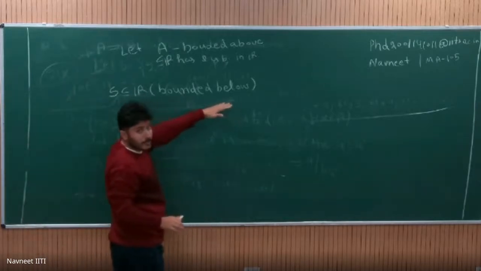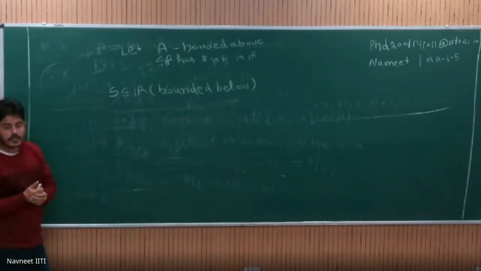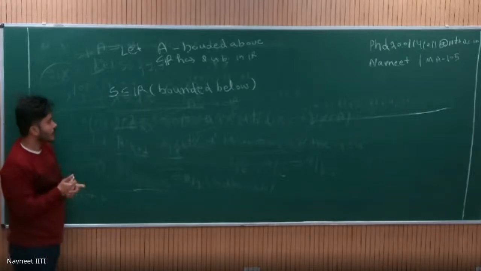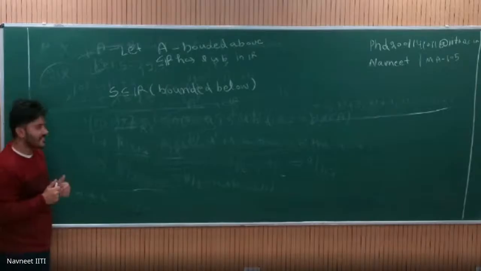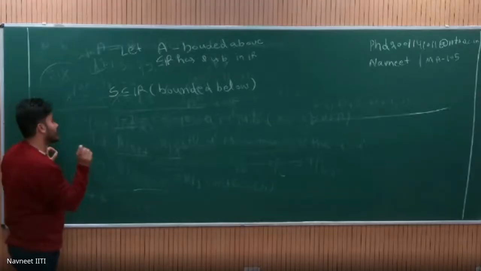What is the meaning of bounded below? Can anyone tell me? It has a greatest lower bound. There exists a number for which all the numbers in the set are greater than or equal to that number. Yes, this second one is correct.